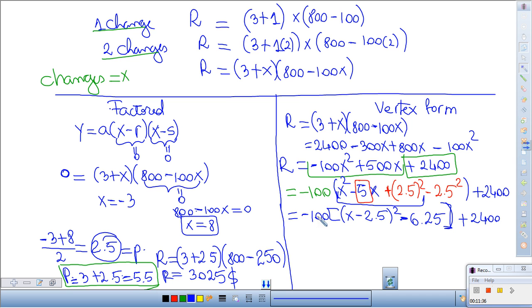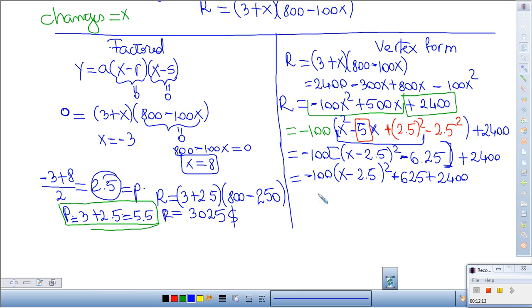And as you probably remember from class, now we have to get rid of the square brackets by multiplying the negative 100 with each of the terms in the square bracket. So we have negative 100 times my perfect square, which is x minus 2.5 squared. Now negative 100 times negative 6.25 gives me positive 625 plus 2400.